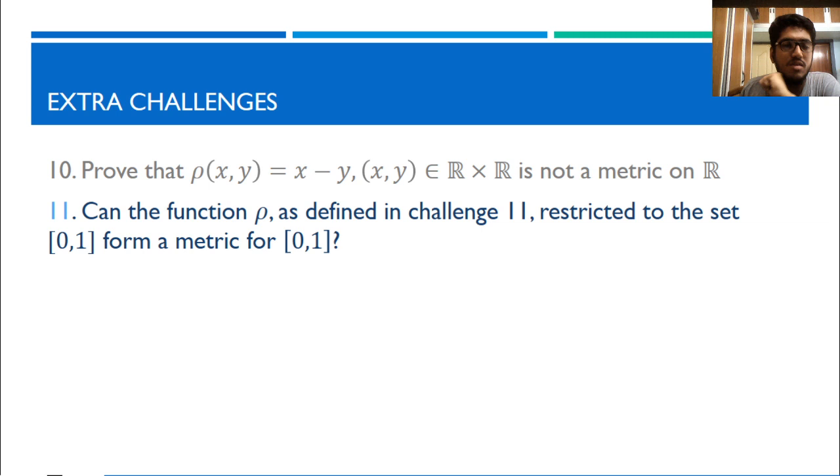So the same metric which we defined in the previous question, challenge 10, rho of x comma y is equal to x minus y. Can this work as a metric on the set closed interval 0, 1? You can post your answers now. This is a simple question, so post your answers straight away in the chat.